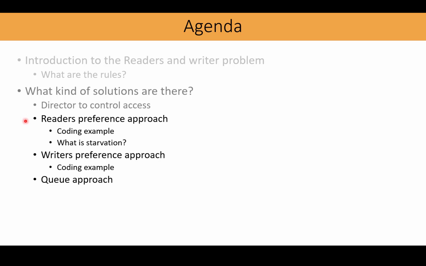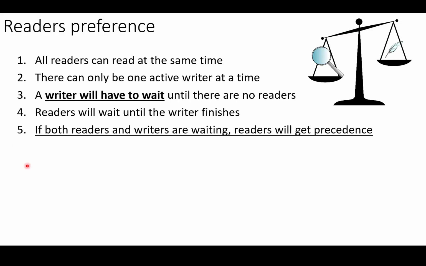So now we will get a bit more specific. We will take a look at the reader's preference approach. So these are the rules, right? All the readers can read at the same time. That's the given from the initial problem statement. There can only be one writer at the time. That's also from the original problem.